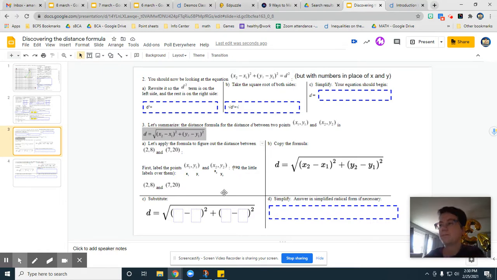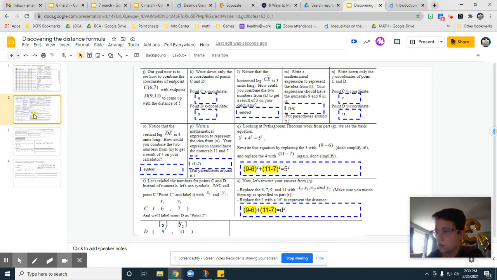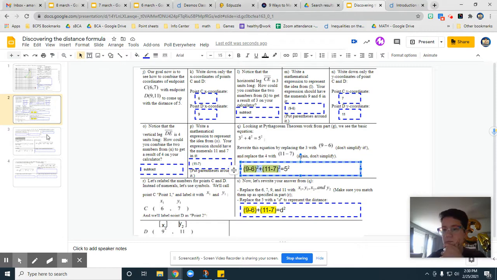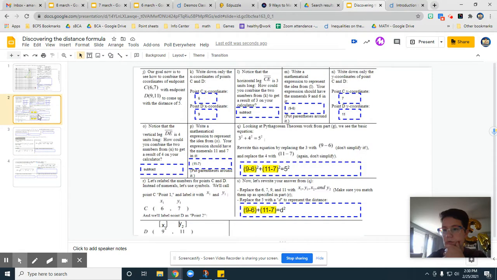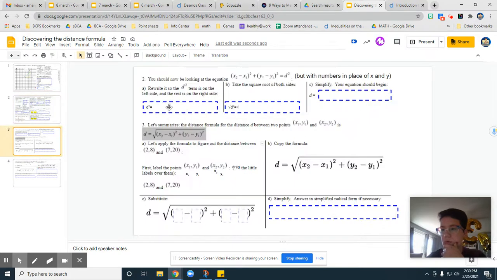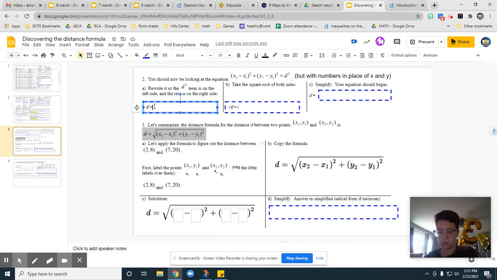Not so scary. So rewrite the d squared on the left-hand side and the rest on the right-hand side. So I'm going to go back. We've got that to go here. Okay.